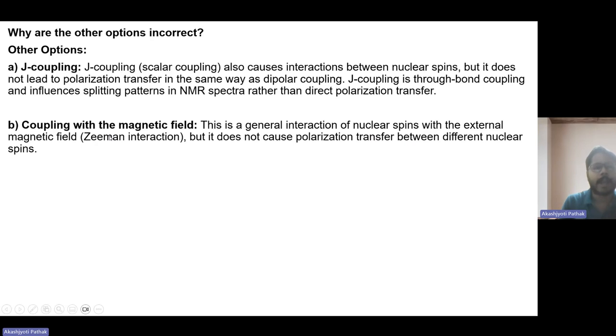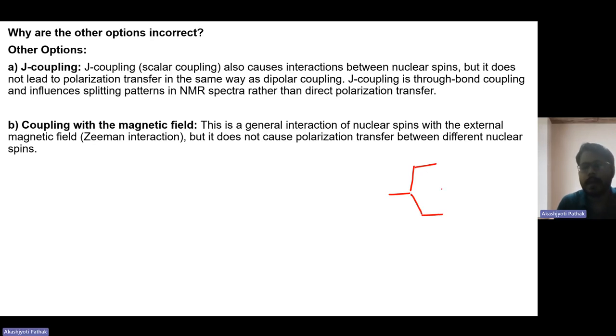Now, coupling with the magnetic field. What does it tell? This is a general interaction: when a sample is introduced into a strong external magnetic field, because of Zeeman interaction, the nuclei of the sample split into two energy levels.